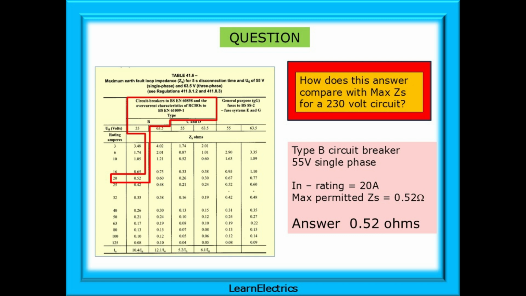The next question that we get asked is, how does this answer compare with maximum ZS for a 230 volt circuit? A 20 amp breaker in table 41.3 has a ZS of 2.19 ohms, yet this table shows 0.52 ohms. Please explain.